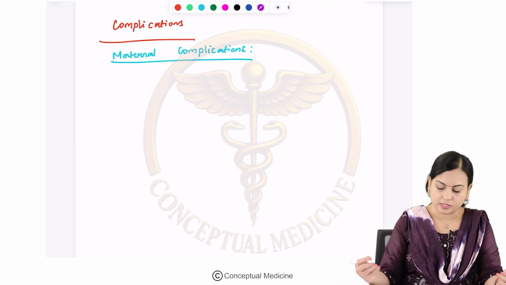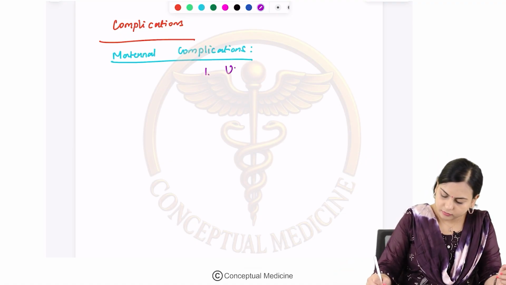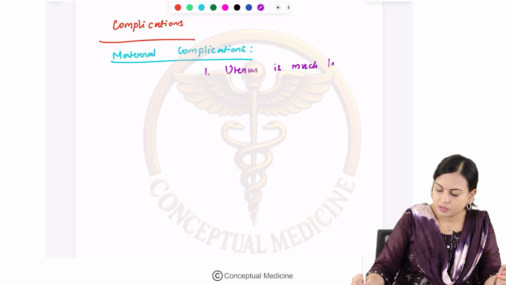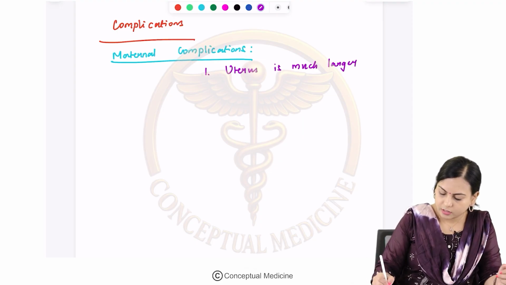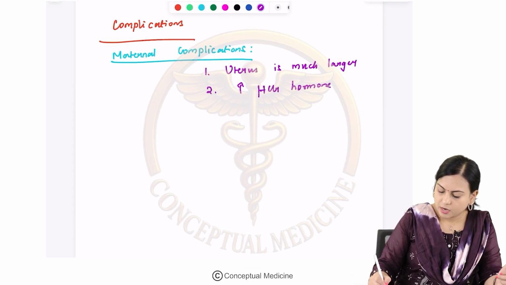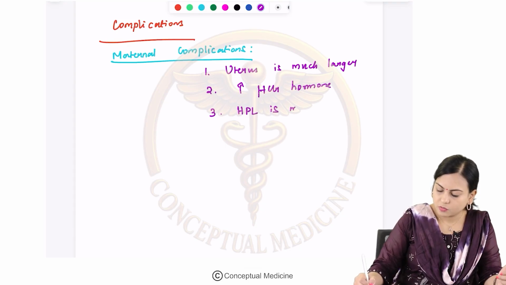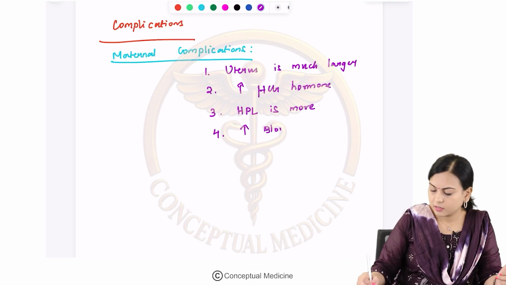See, there are so many changes, right? Like the uterus is much larger, and there is increased secretion of HCG hormone and also another important hormone, HPL, is also more, and there is increased blood volume and increased cardiac output as well.